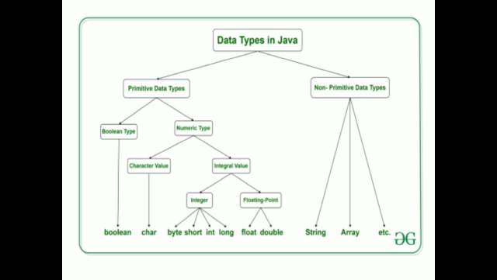In Java, in whichever machine you execute, the size of int will remain 4 bytes only, float is 4 bytes only, and char is 2 bytes only. So we say that Java is machine independent.